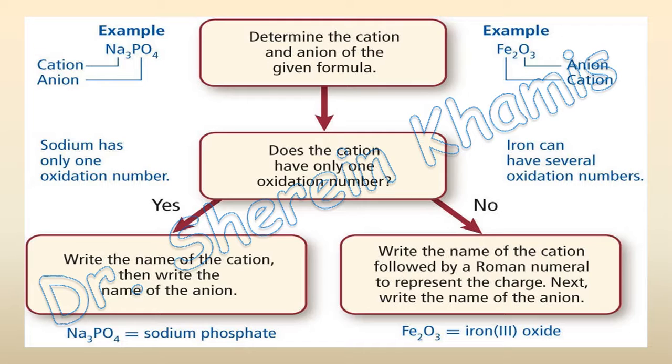We will study it completely in the next year, like the transition elements that take more than one oxidation state as a metal. Okay, so if we have a cation with only one oxidation number, we will write the name of the cation, then write the name of the anion without any addition to it.